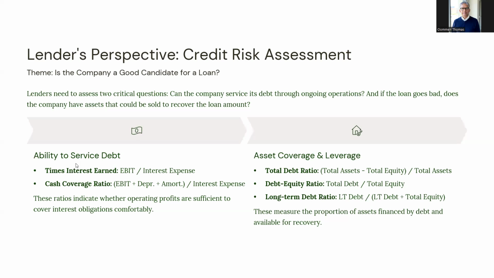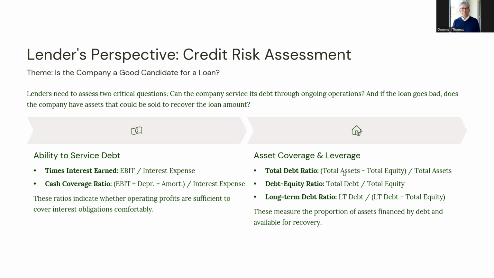As we have seen before, the ability to service debt is measured using the times interest earned ratio or the cash coverage ratio, where you're looking at the amount of profits relative to the interest expense. And on the asset coverage and leverage ratios, you're trying to see how much debt there is relative to total assets.